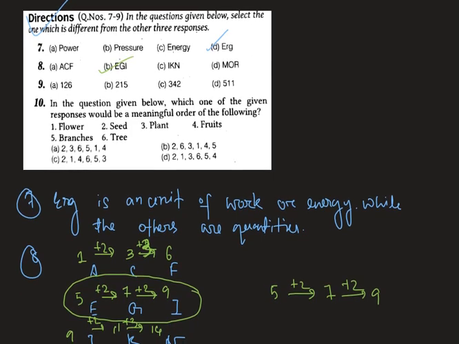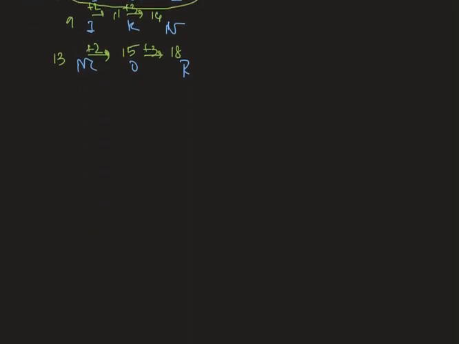Now let's see the next one. Here we are given some numbers, and in these given numbers we need to find which one doesn't follow a particular pattern. So the first number is 126, the next one is 215, the third one is 342, the last one is 511.